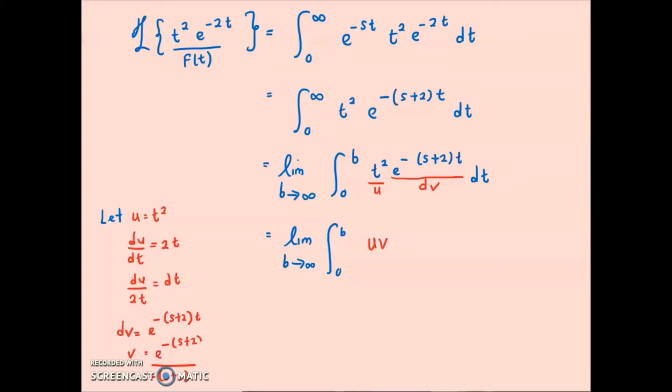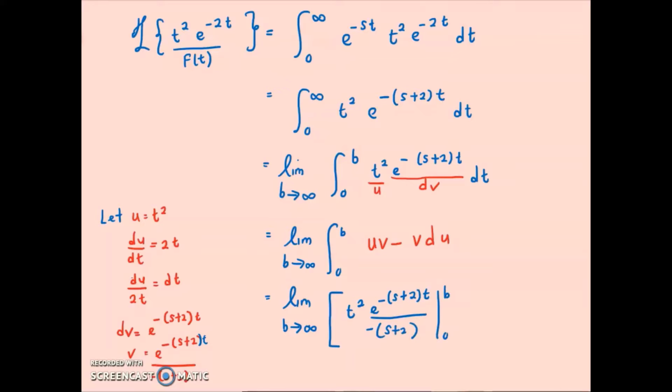So we have the limit as b approaches infinity of u, which is t squared, and v is e^(-(s+2)t) over -(s+2), from 0 to b, because the integral goes from 0 to infinity and we transform it to this limit from 0 to b, minus the integral from 0 to b of v du.